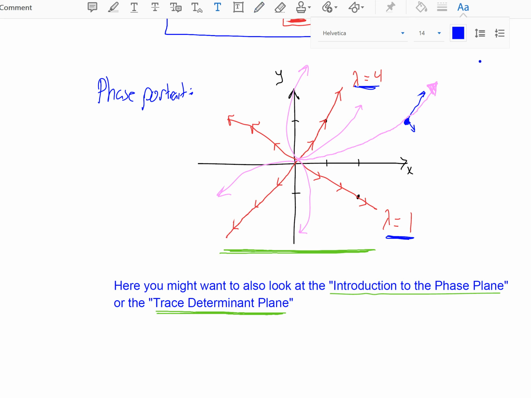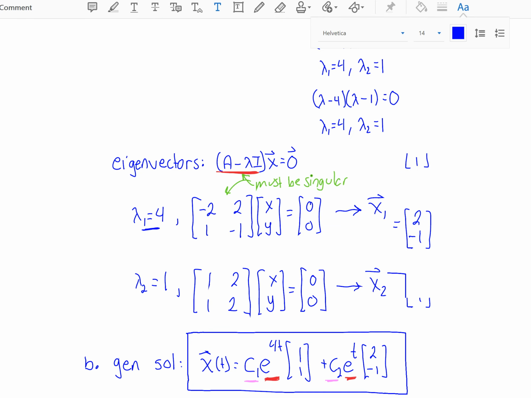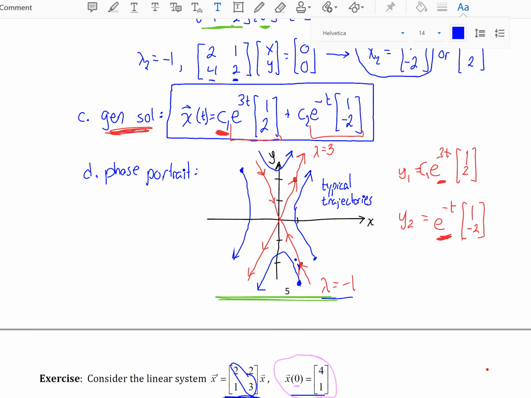And because of this behavior, we sometimes refer to this as a source. In the example previous to that one, our phase portrait looked more like this. And because of the nature of this, this is sometimes referred to as a saddle.